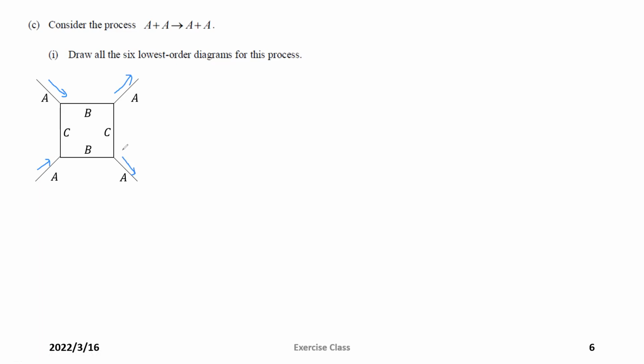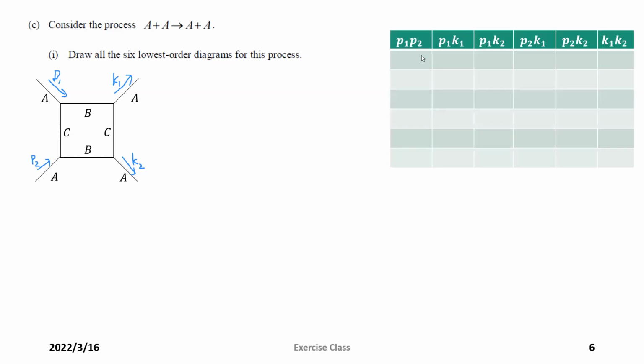So let's label this as P1. So let's label the four momentum like this. And similarly, we can construct a table to record the connections of these four momentum.